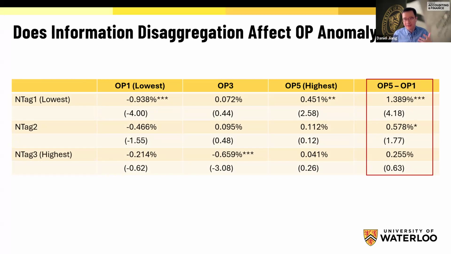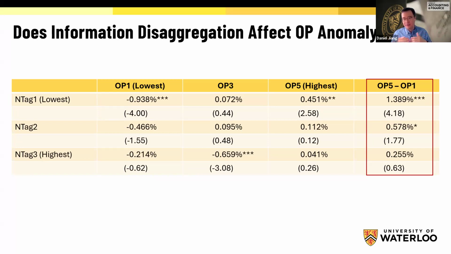In the portfolio analysis, at the end of June, we first sort firms into terciles based on the information disaggregation from the most recent 10K filings. Then within each disaggregation tercile, we further sort stocks into quintiles based on the operating profitability. And we follow the standard drill to calculate the value-weighted abnormal returns for those sequentially sorted portfolios.